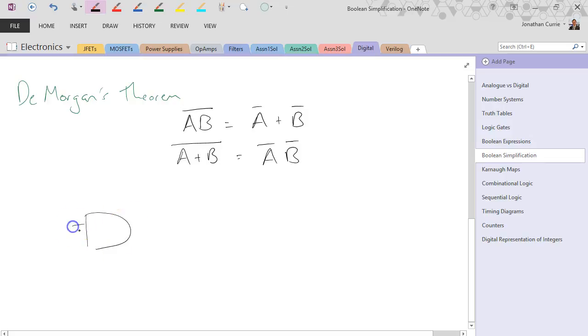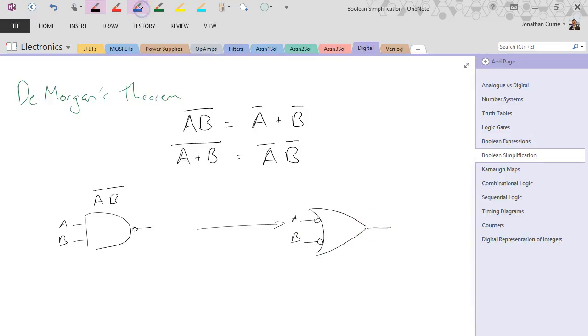And the easiest way to do this is if we had the top example there, an AND gate with inverting output. Okay, so we have NOT (A AND B), that is equivalent to an OR gate with inverting inputs.